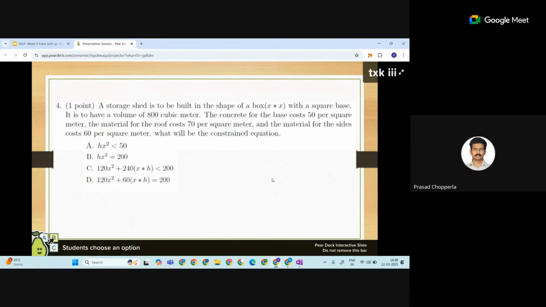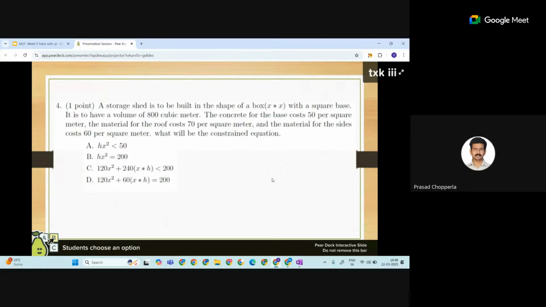With respect to cost, I understand you calculated the base cost, roof cost, and side cost, and that should be equal to something or less than something. It has to happen within some, let's say, 1,000 rupees or 1 lakh. So where is that? The volume is given, 800 cubic meters. How do you connect volume to the cost?